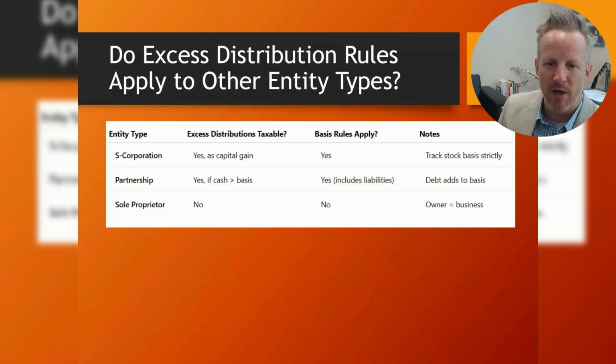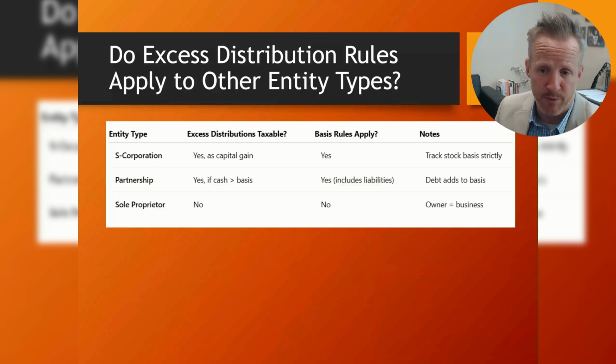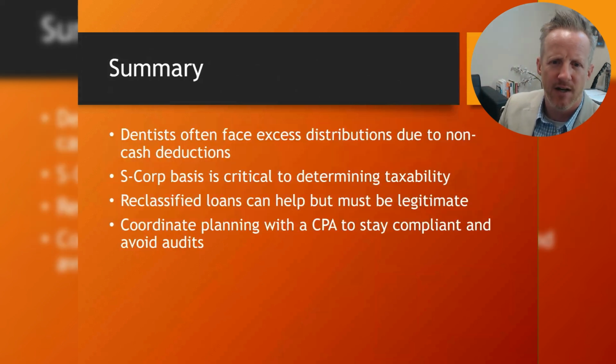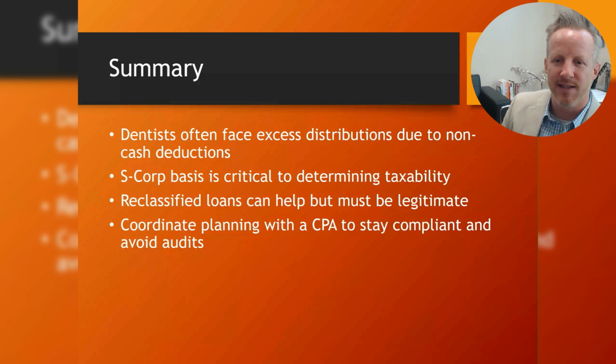That loan essentially goes in your piggy bank account, and that gives you a massive amount of basis, which then allows you to pull money out. And so usually people that got a loan and bought into their partnership that way don't have excess distribution issues. However, if you own your partnership through your wholly owned corporation, then you're subject to all of the distribution rules around an S corporation. So that matters there.